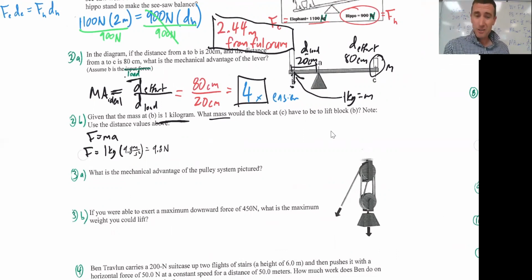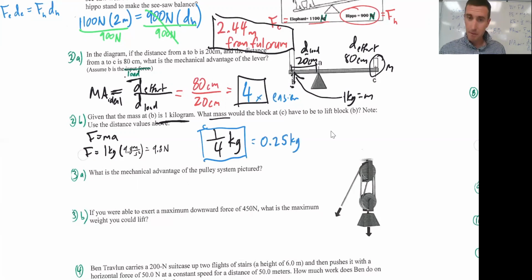So the first way I could do this, I could just say it's 1/4 of a kilogram. So to be honest, that's how I would think about it. That it's 4 times easier. Since it's 4 times easier, it should be 1/4 as heavy. And that would be 1/4 of a kilogram, or you could also phrase that as 0.25 kilograms. It's the same deal.